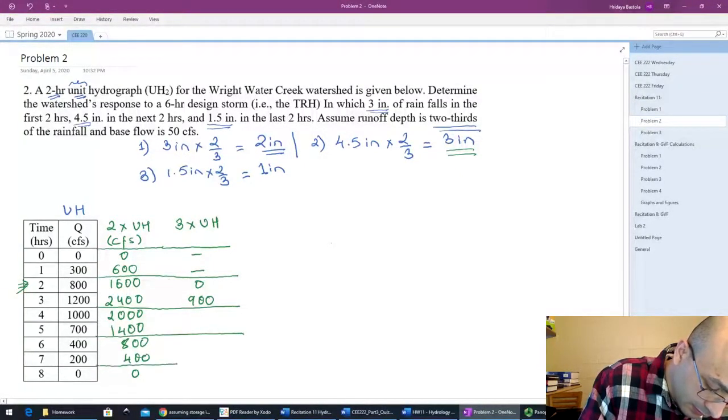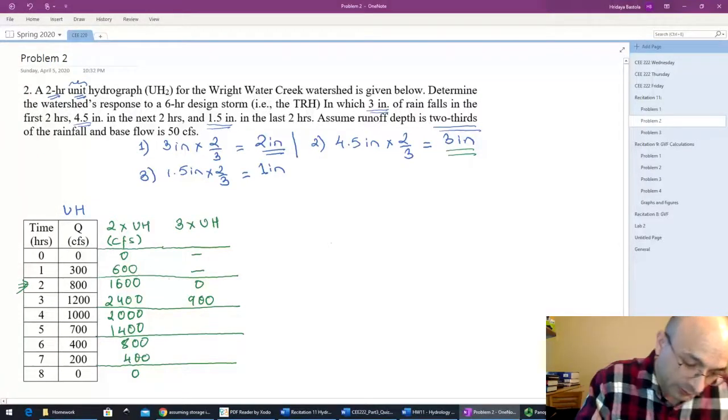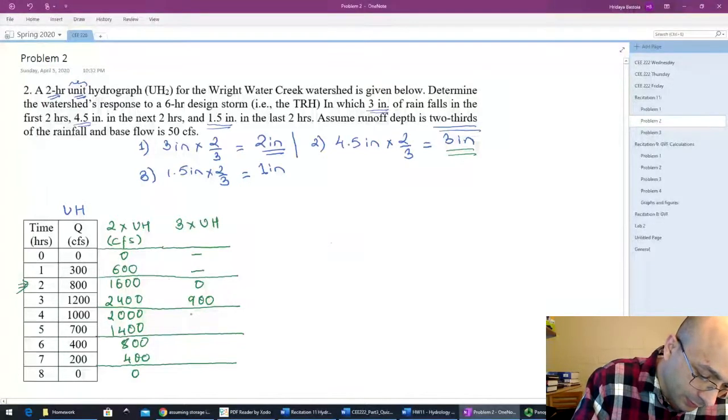Draw some lines so I keep track of the time. 2400, 12 times 3, 3600.